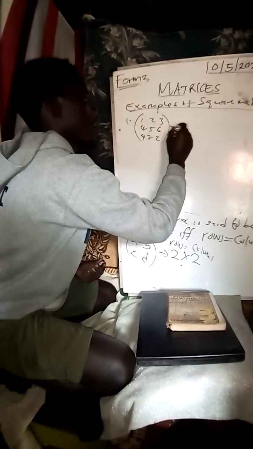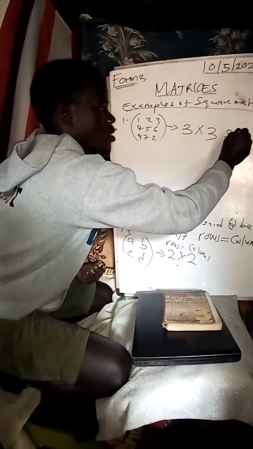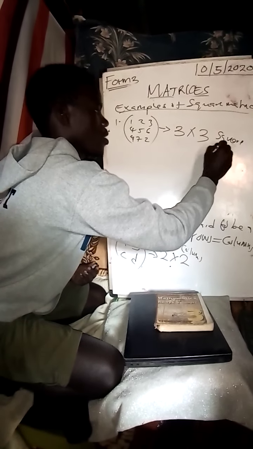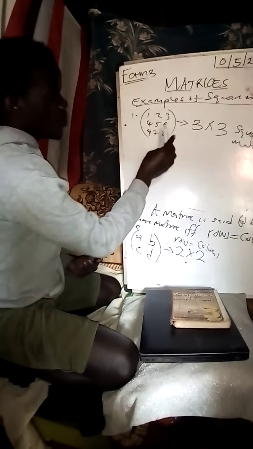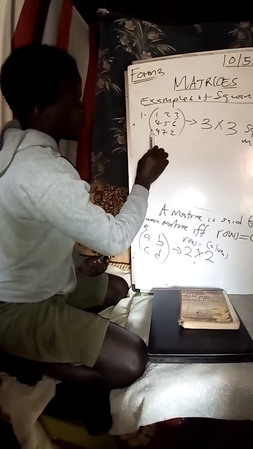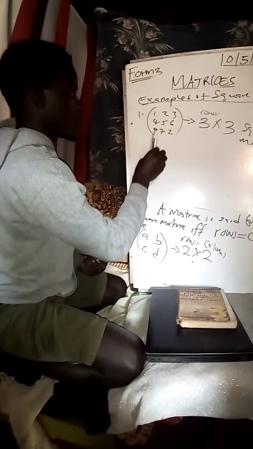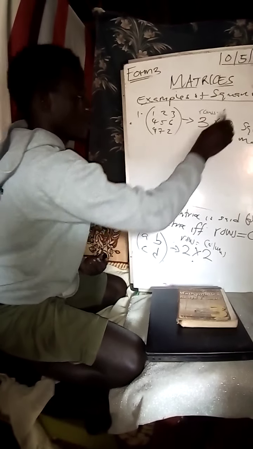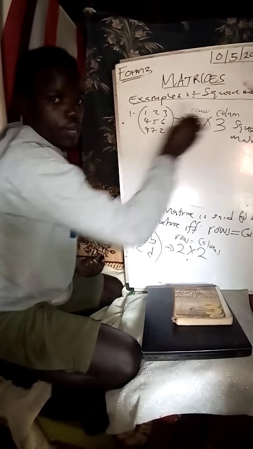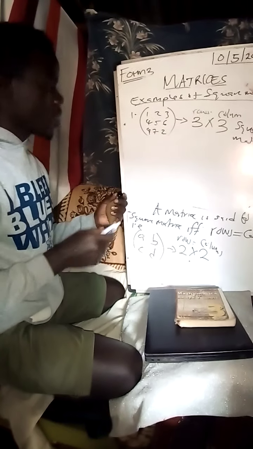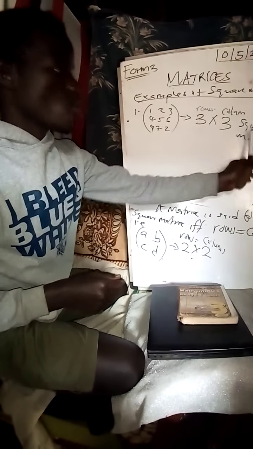So this one is a 3 by 3 square matrix. This is because the number of rows are 1, 2, 3, and the number of columns are 1, 2, 3. So since the number of rows equals the number of columns, we give this matrix a name as square matrix.